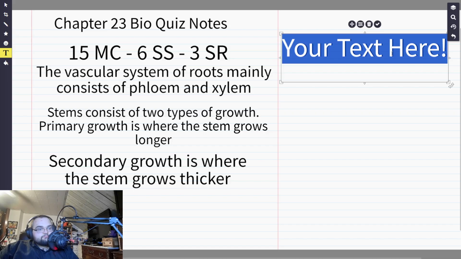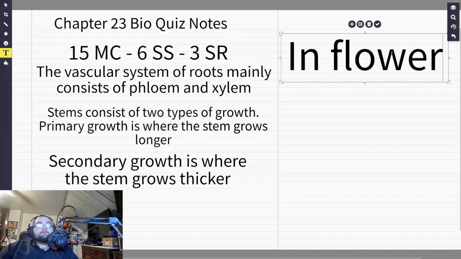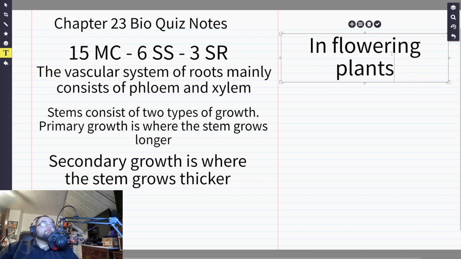Okay. In flowering plants, remember, flowering plants are referred to as angiosperms. It means ovaries. Angiosperms. That's what makes a flowering plant a flowering plant.